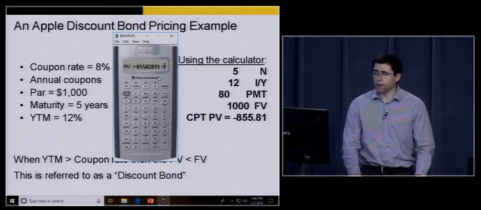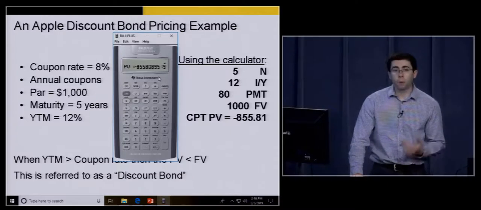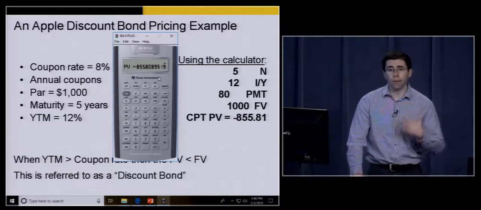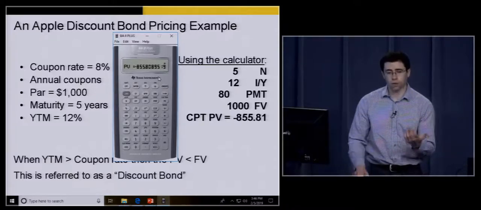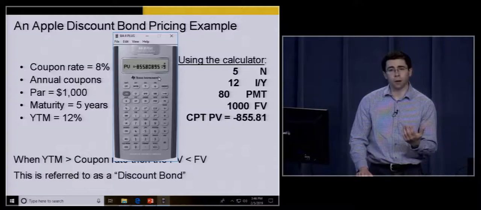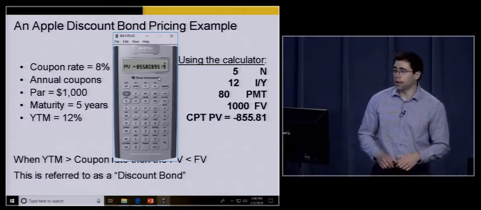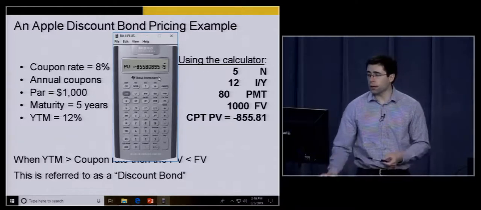Now, notice here that we have a negative, and I've mentioned this a couple of times so far, but the reason we have a negative is because from our perspective as a bond investor, that $855 is a cash outflow. We're making that cash outflow in order to receive those $80 coupon payments and the $1,000 face value. So that's that. There is one other thing I should note here.